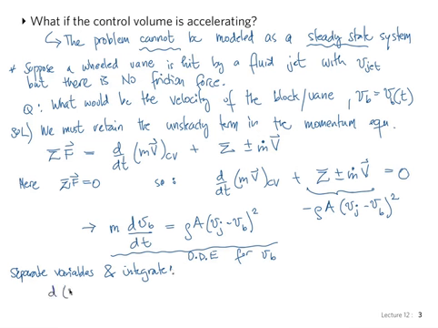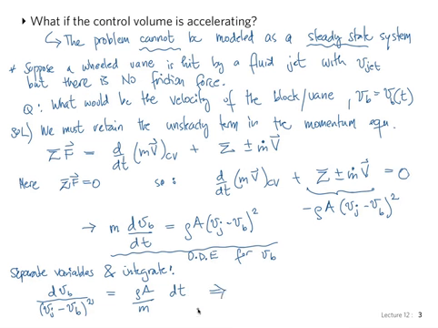dV of the block divided by (V jet minus V block) squared, I'd take this term that has velocity of the block to the other side, equals rho A divided by m dt. Now I can integrate.